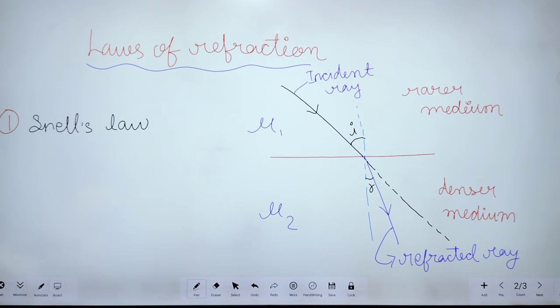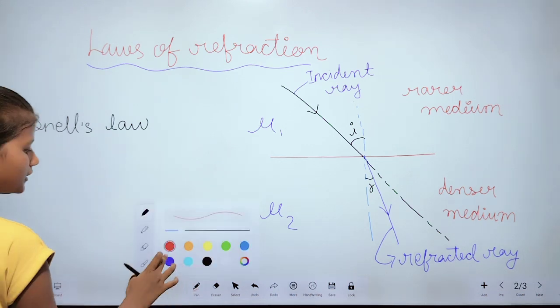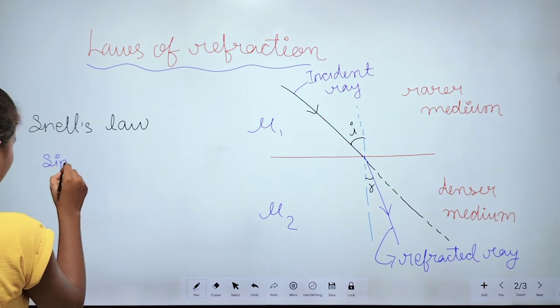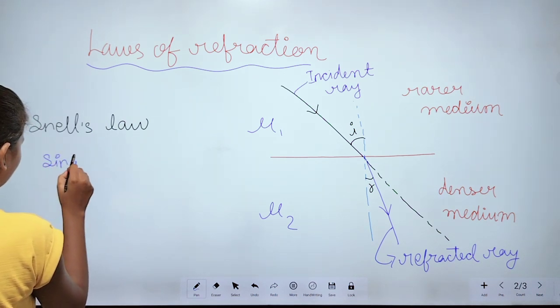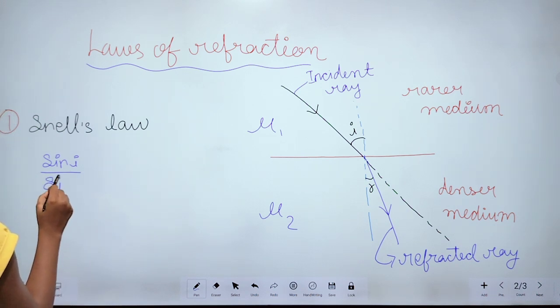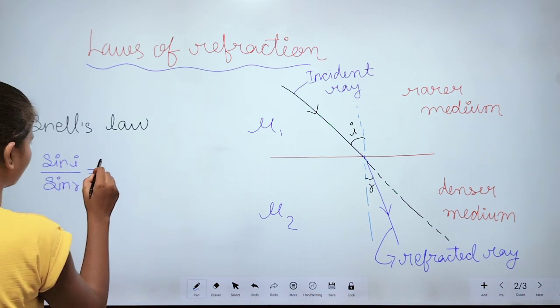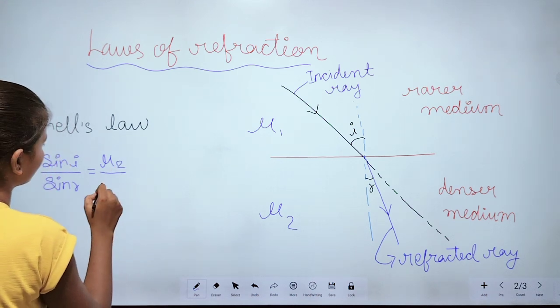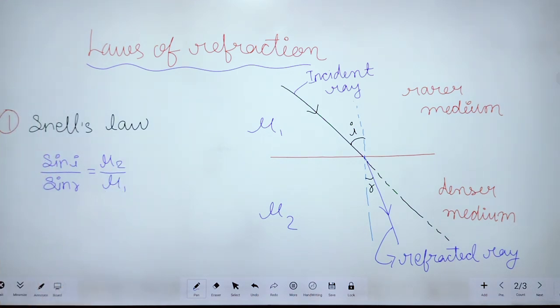According to Snell's law, there is a formula that sin i by sin r is equal to mu2 by mu1.